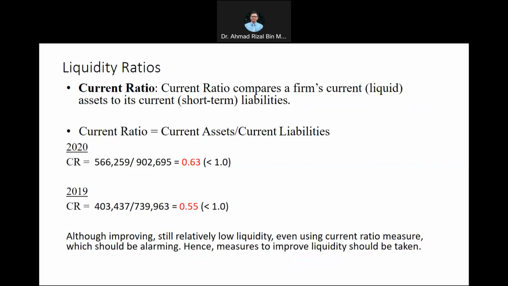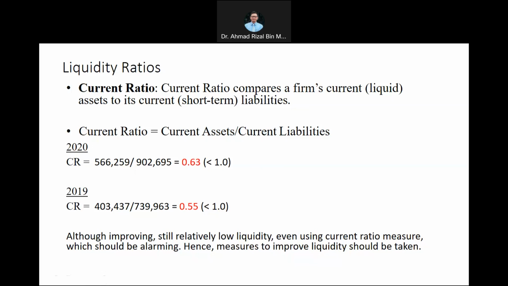Starting with liquidity ratios, maybe you have seen this during your undergraduate study. This is the most basic, current assets divided by current liabilities. So for 7-Eleven, in 2020, it stands at 0.63, showing that it is less than 1. When it is exactly 1, it shows that the current assets that the company has during that year exactly equal the current liabilities, which is considered barely or just sufficient.